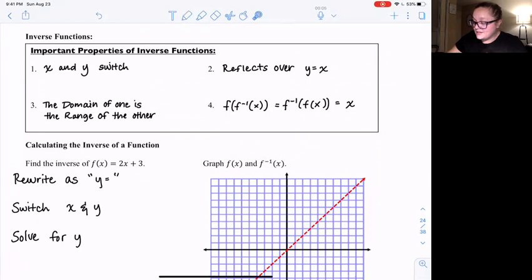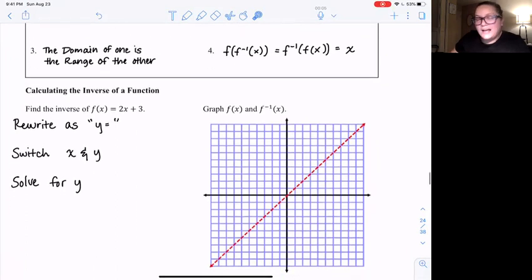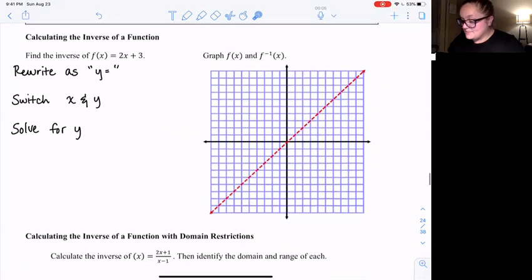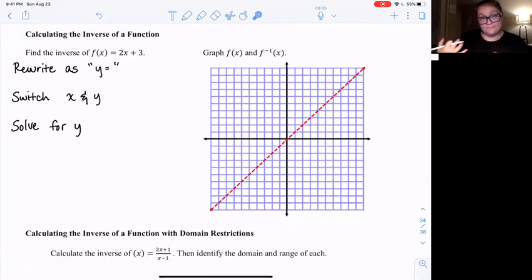Now, how can you tell that it's an inverse? It has that -1 up top. Don't confuse this with a -1 exponent. That is not super common notation for an exponent; we don't see that as often. This specifically -1 is therefore an inverse.